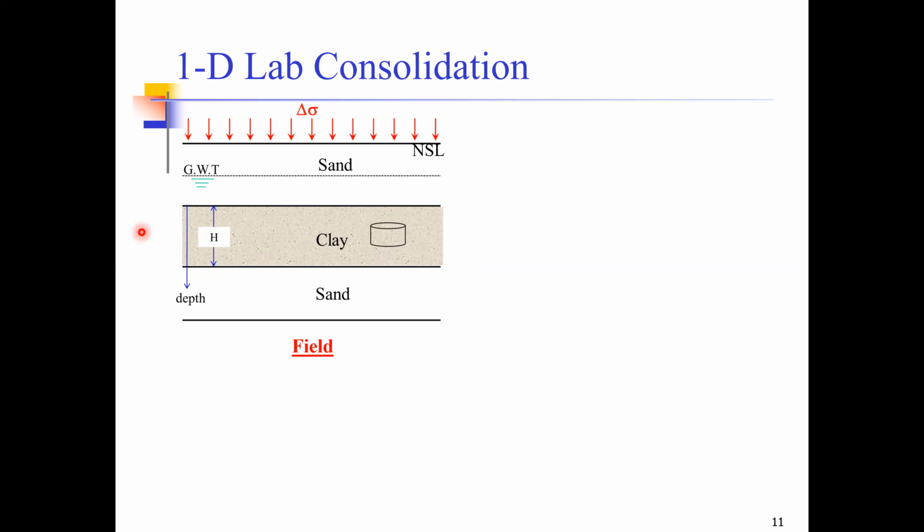We call it an undisturbed sample. As I said, what is an undisturbed sample? We take the sample out very carefully from the borehole, in such a way that the properties of the sample are exactly the same or nearly the same as they were in the ground.